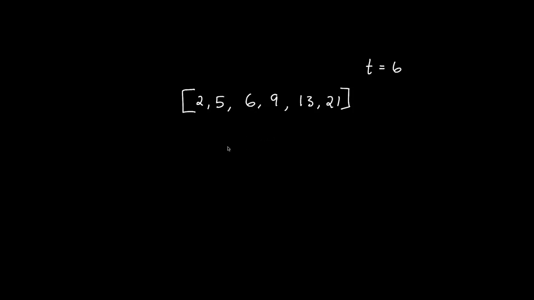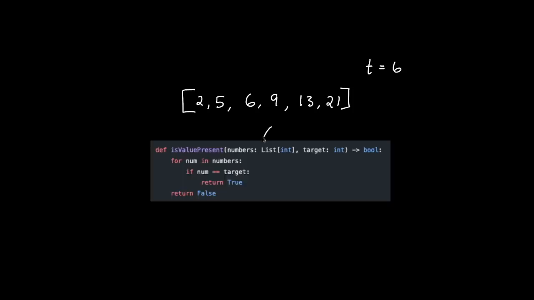And if we were to write some code like that, it would look something like the following. As you can see, we take in a list of numbers. This is a lot better than going just for this specific instance. This can take in an empty list, a super big list, doesn't matter. And then this can take in any target value.